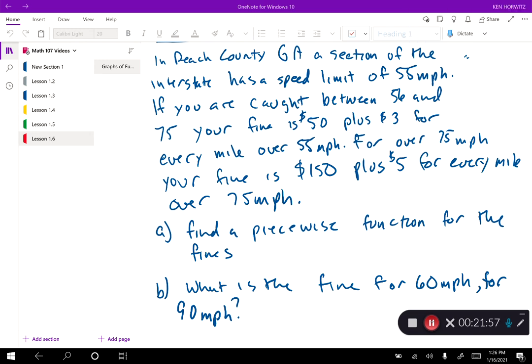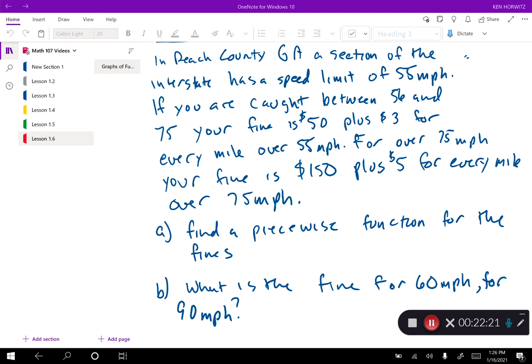If you're caught going over 75 miles per hour, your fine is $150 plus $5 for every mile over 75 miles per hour. A is find a piecewise function that calculates your fine. And B is what is the fine for 60 miles per hour? What is the fine for 90 miles per hour?